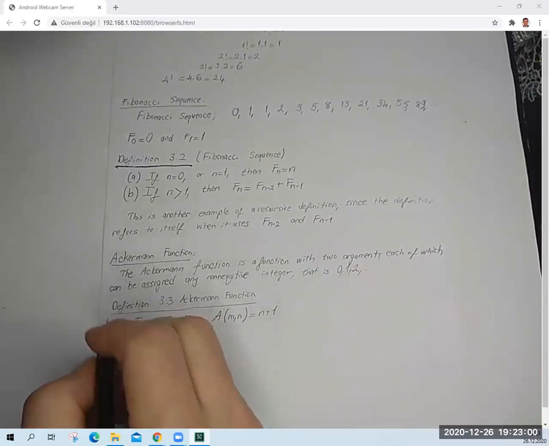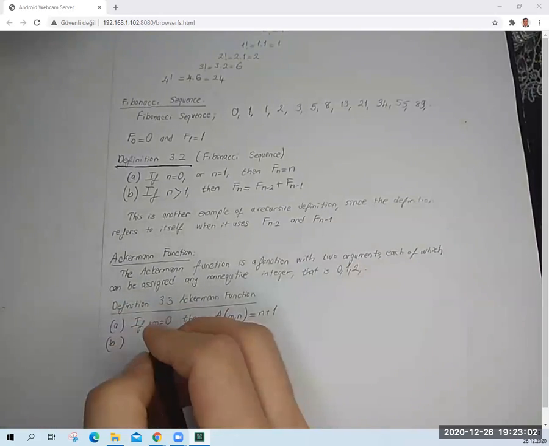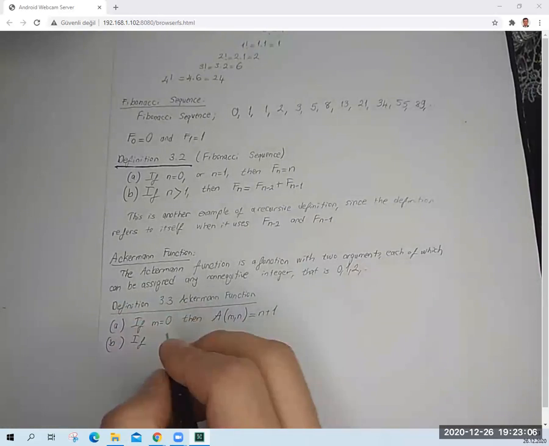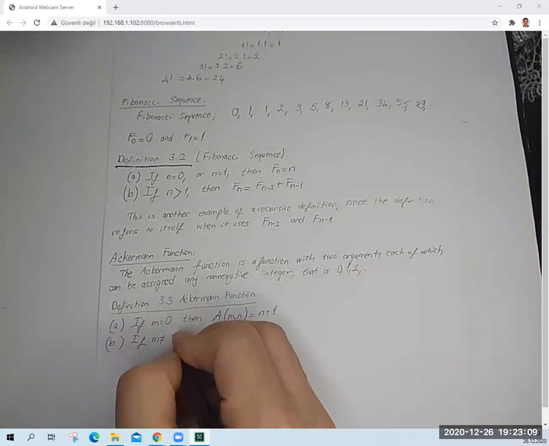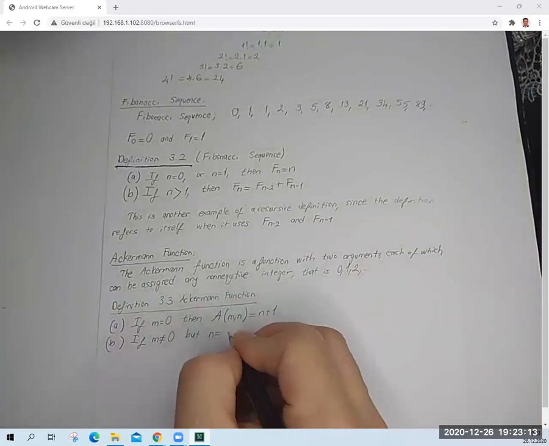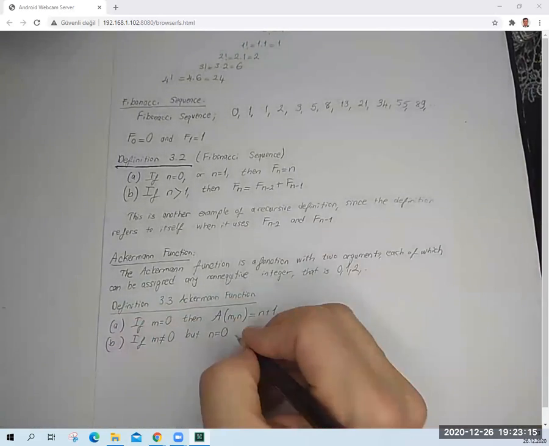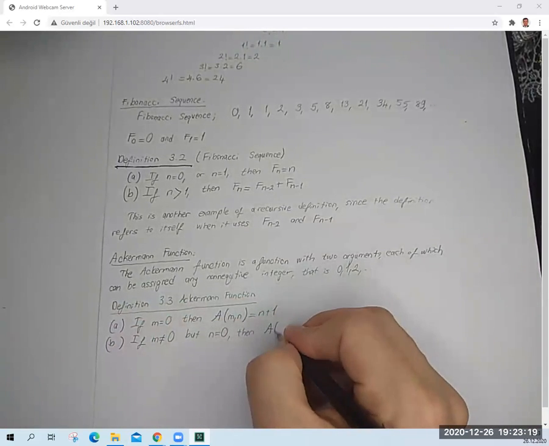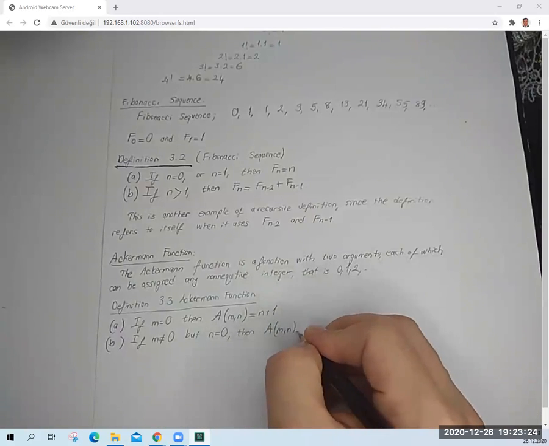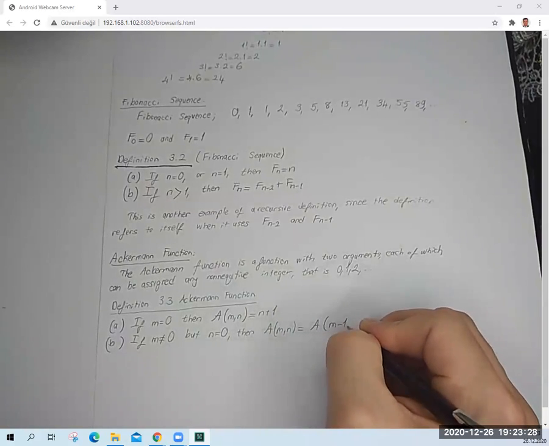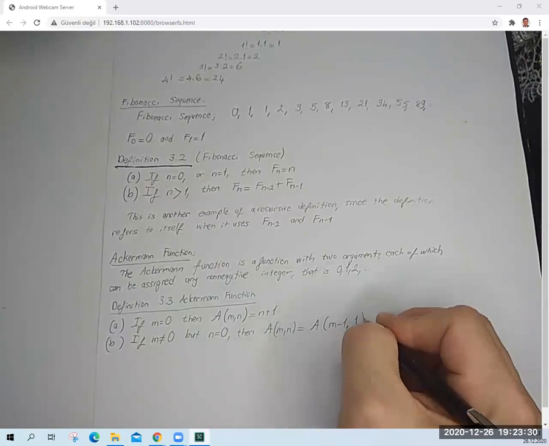So next one, if m is not equal to 0 but n is equal to 0, for that case, then A(m, n) is equal to A(m minus 1, 1).